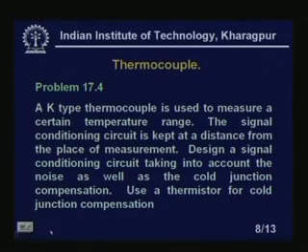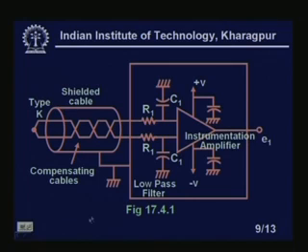Then we can see the circuit looks like this. You see, this is a shielded cable, the type K thermocouple. This is the shield, and this is a twisted pair compensating cable, because the thermocouple will end here. After that it goes to low pass filters, and ultimately it is feeding the instrumentation amplifier.